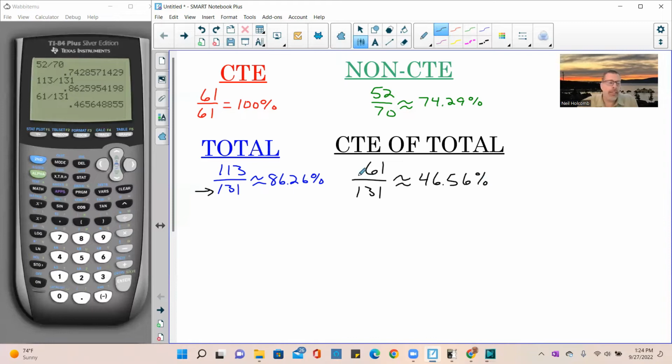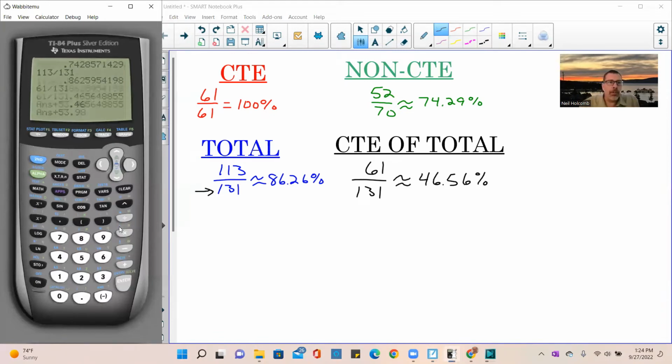You might have subtracted, and so then you have to do 1 minus 53.98. Because if you took 46.56 plus 53.98, which is obviously rounded, you will get probably close to 1. Oh, I forgot my decimal place is in the wrong place.